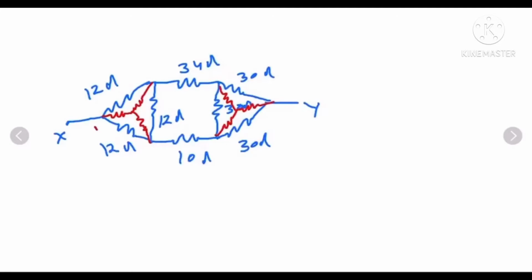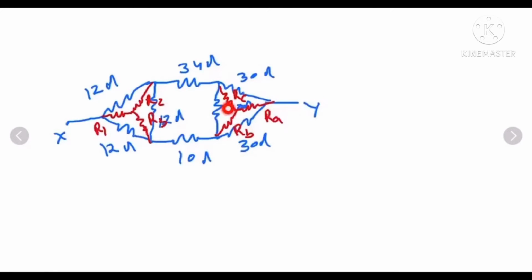So we name them R1, R2, R3, and this is RA, RB, and RC. Now we can see that we have the same values for all three resistors, and in this delta also we have the same values.